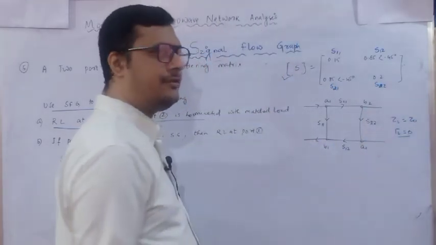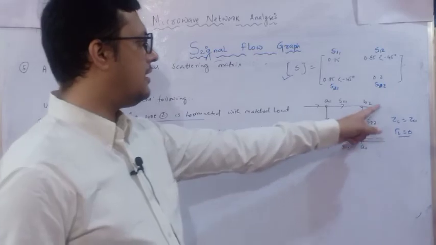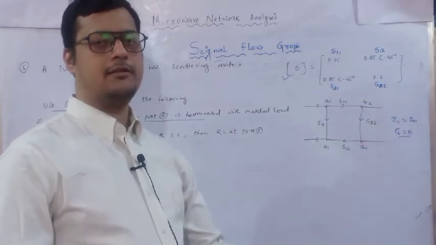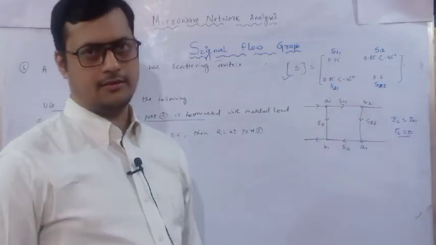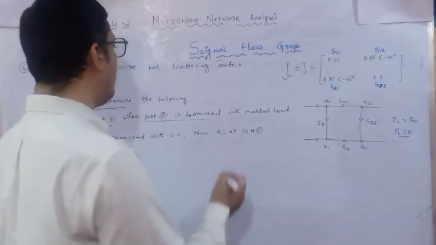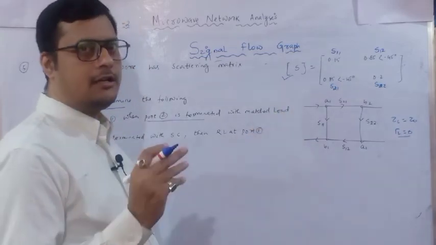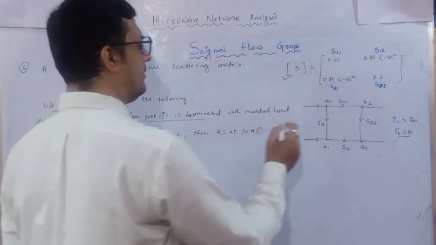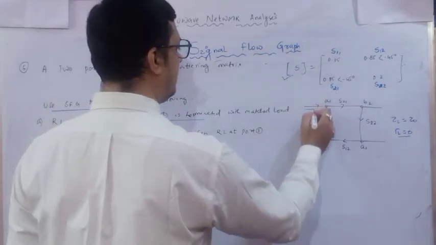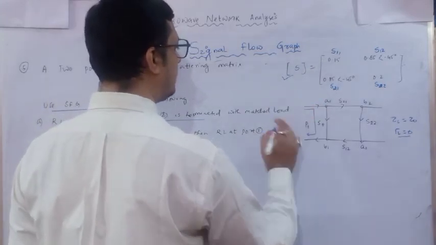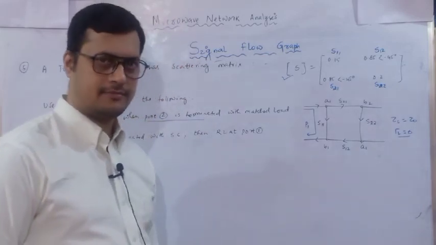So if we take the reflection coefficient as 0, there is no need to consider it. Here we only have to identify the particular relation with respect to path 1. So first of all we have to identify the paths.